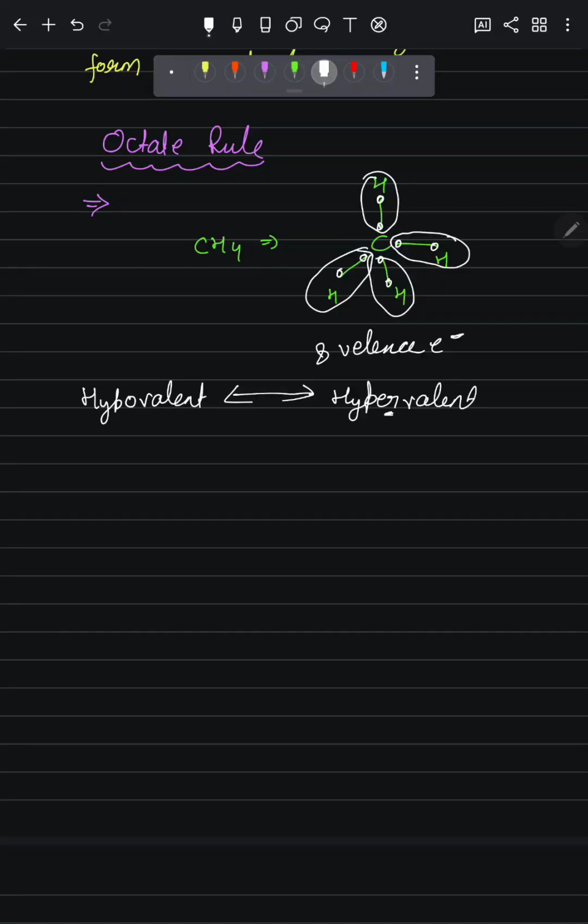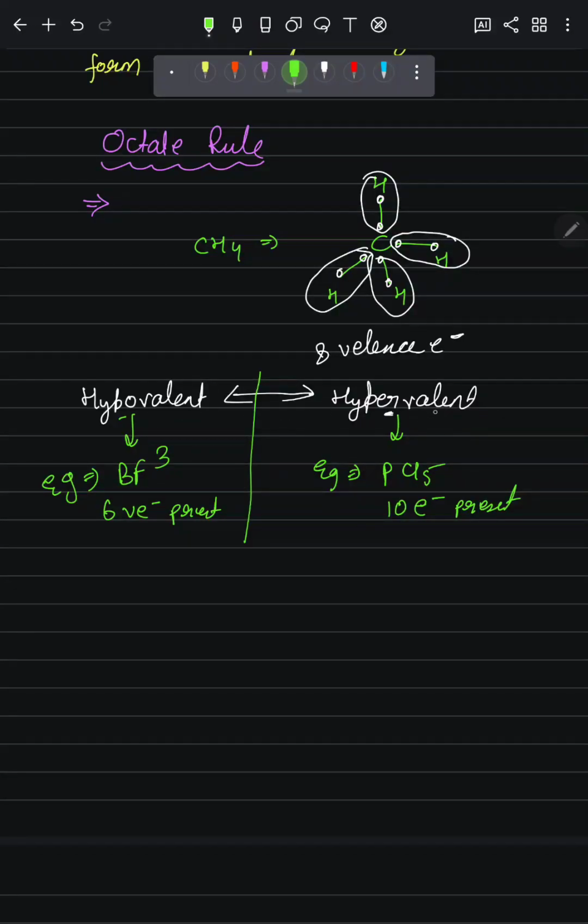Hypovalent molecules are electron deficient species, and an example of a hypovalent molecule is BF3. An example of a hypervalent molecule is PCl5, in which more than 8 valence electrons are present, 10 in this case. And in the BF3 molecule 6 valence electrons are present. So these are examples of the two types, hypovalent and hypervalent molecules.